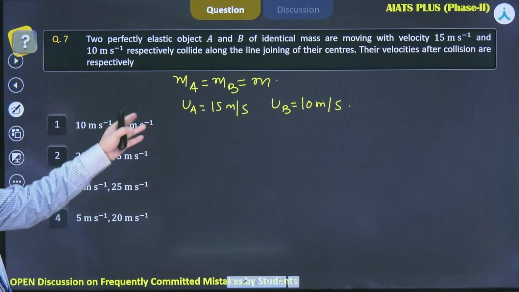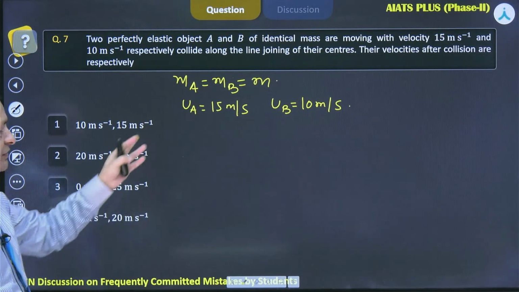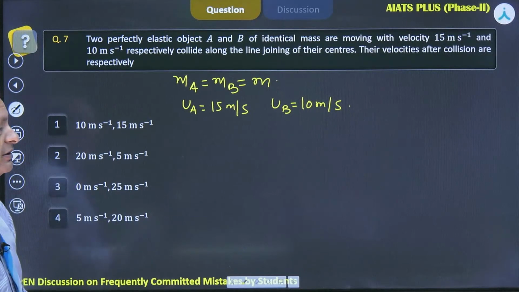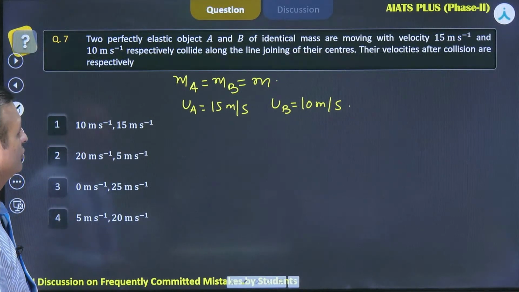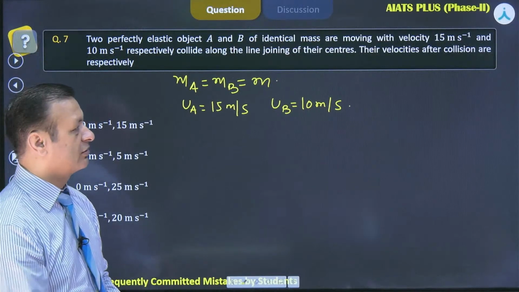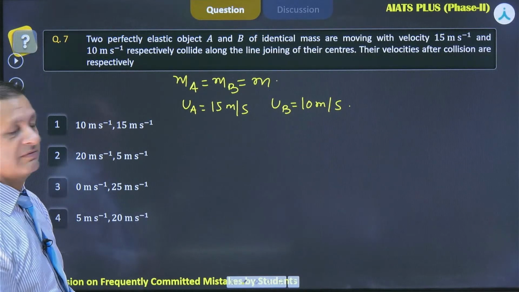Initially we had the same masses, moving with speeds 15 meter per second and 10 meter per second respectively. They collide along the line joining their centers. Their velocities after collision are respectively what?